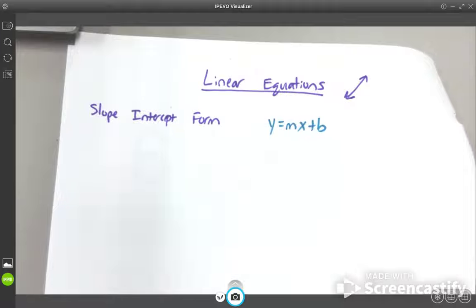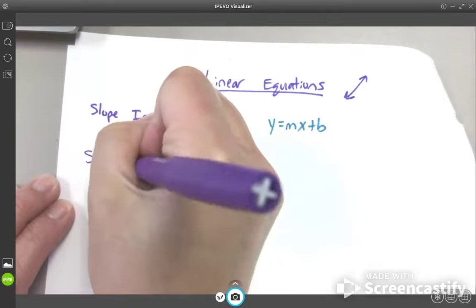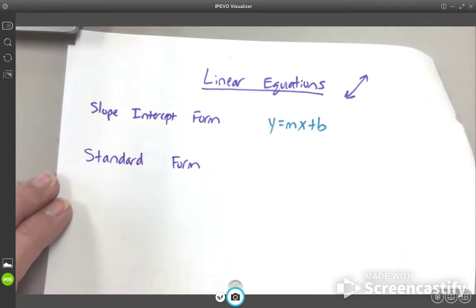Slope-intercept form is probably the most common, the most well-known. 8th grade students should learn the basics of slope-intercept form, and then algebra students use it in more depth. We grazed the surface of standard form. Standard form really is the equation that would have been best suited for problem 7 on the test that you took yesterday.